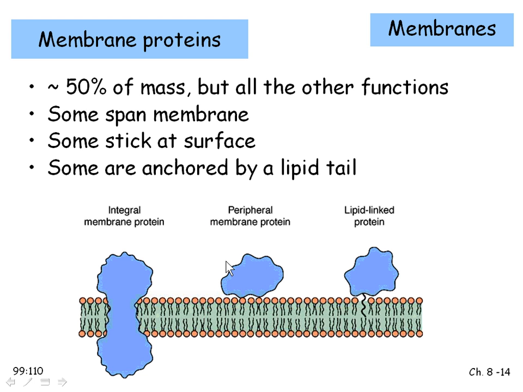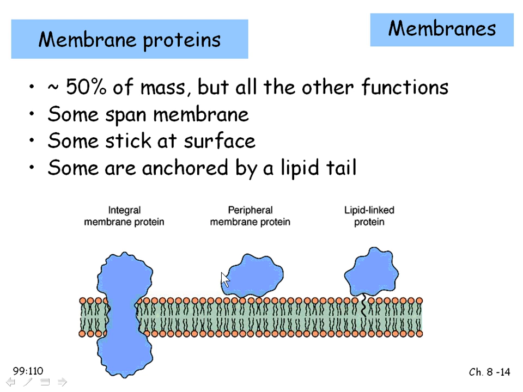We see some other membrane proteins that sit on the edge of it, interacting with the polar head groups there. And we see a third kind, relatively recently described, that have a little lipid tail. There's a lipid covalently attached to the protein, and that lipid tail can stick down into the lipid bilayer.